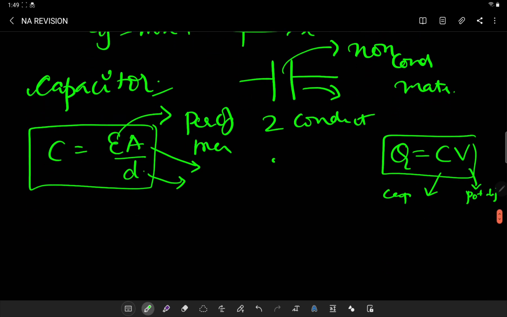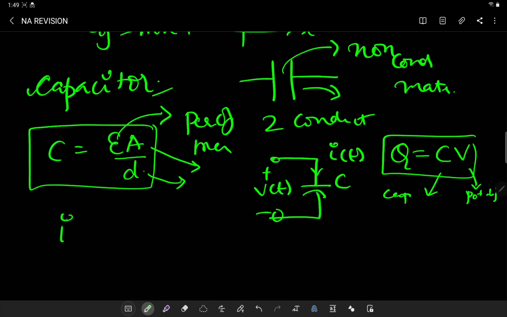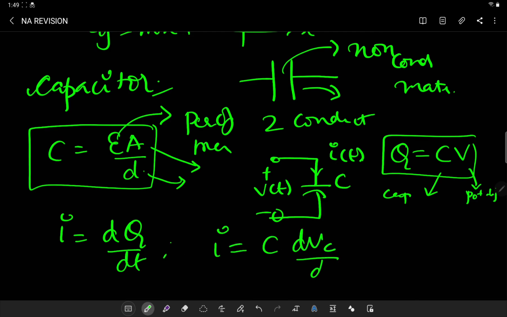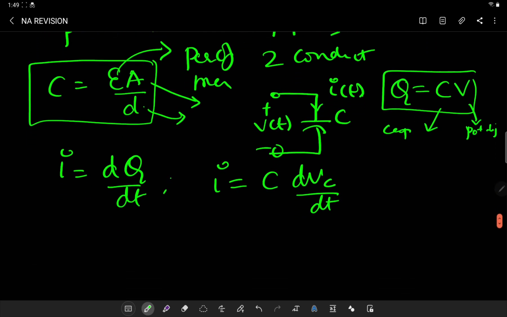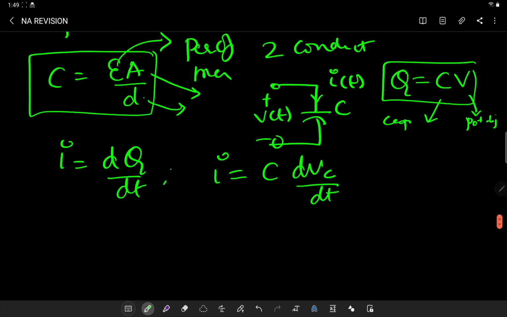Also, the notation of the capacitor will be something like this: plus minus V of t. If the value of the capacitor is C, I can write i of t. So it will be governing the equation i is equal to dq by dt, and i is equal to C dvc by dt. So also remember the sign convention.